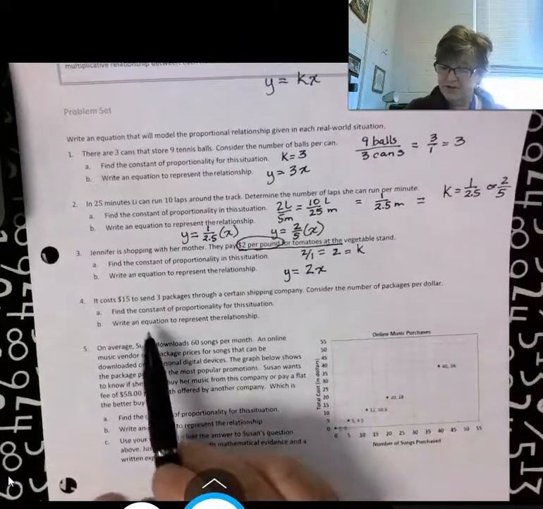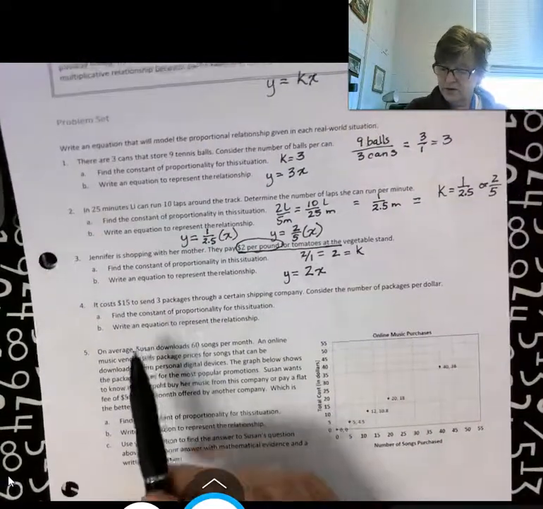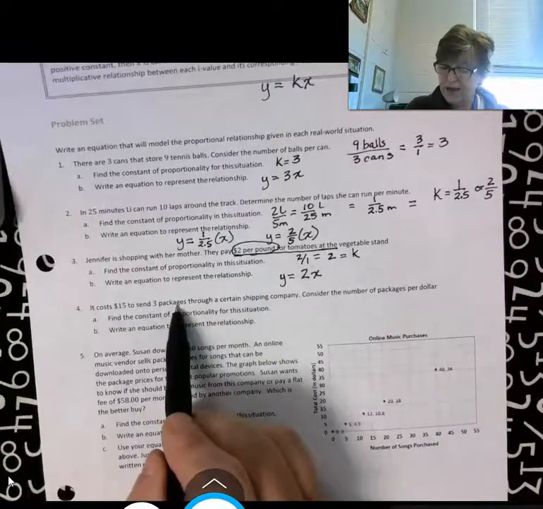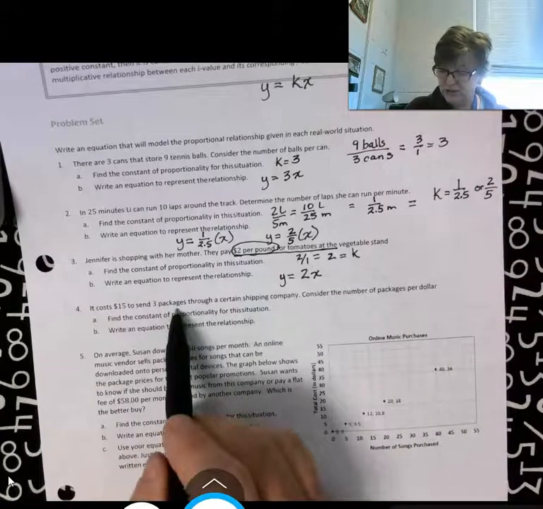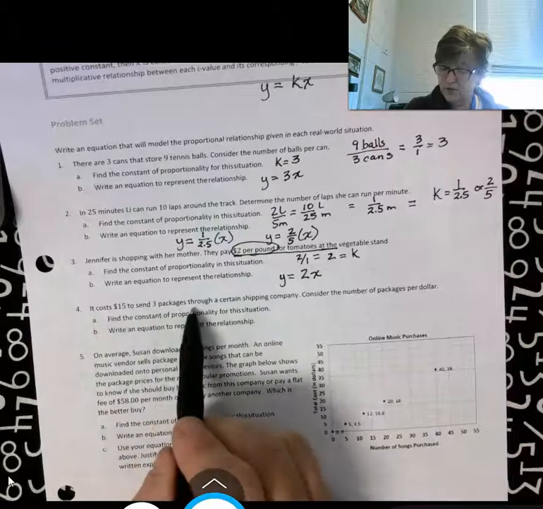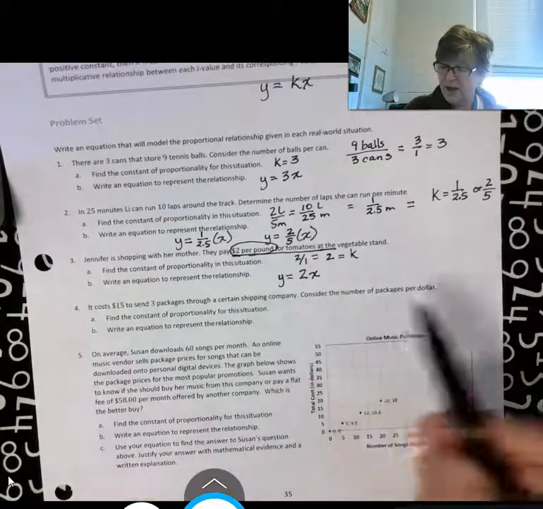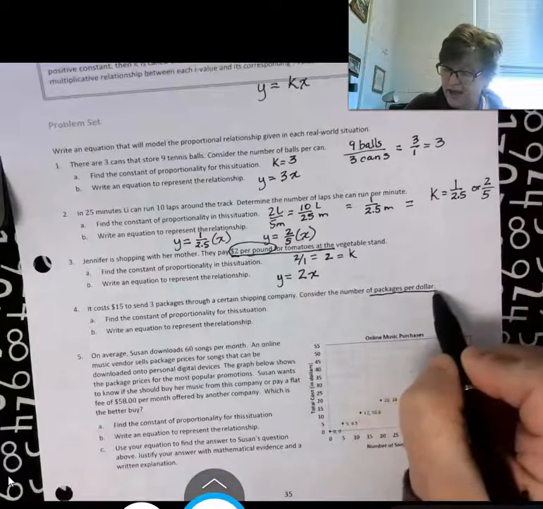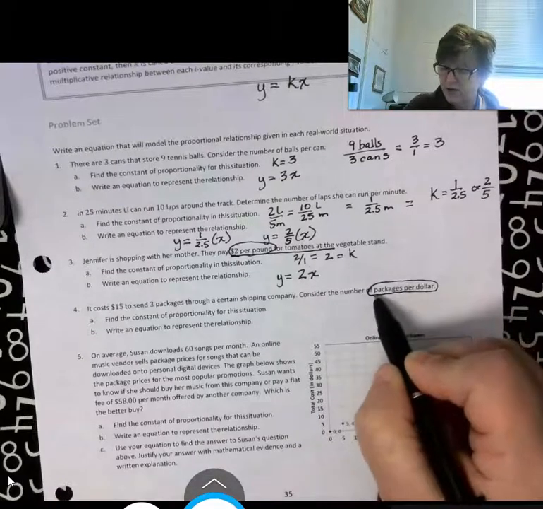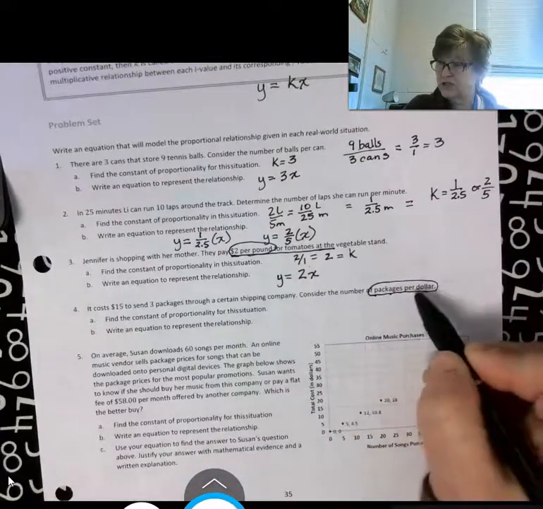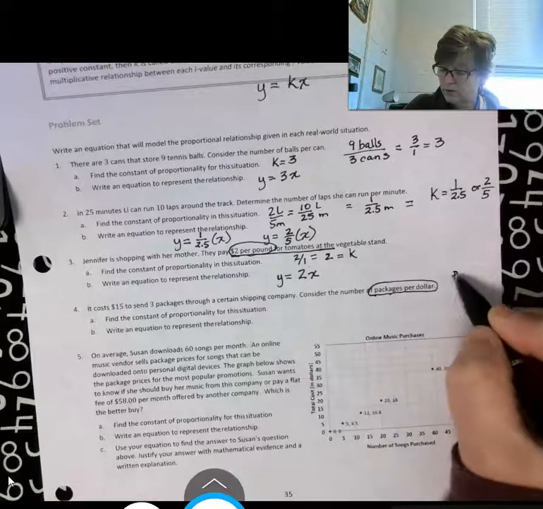It costs $15 to send 3 packages through a certain shipping company. Consider the number of packages per dollar. So it's telling me how to write my ratio. It wants packages per dollar.